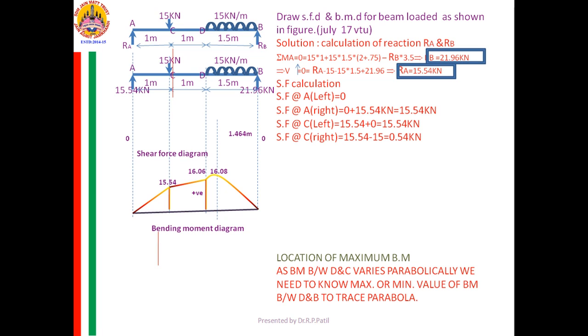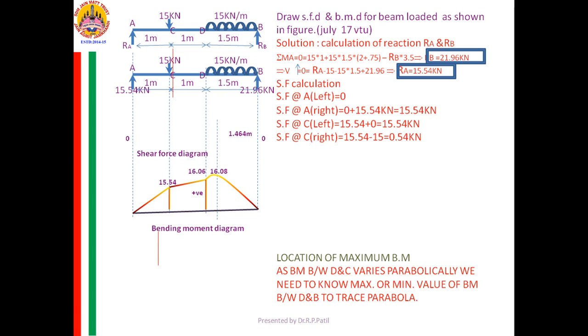Now right of C, if you are doing the right side, all these calculations I am doing by left side. Right side, if you are observing, how many loads are there? One is the UDL, 15 kilonewton per meter run, and the reactive force 21.96 kilonewton.